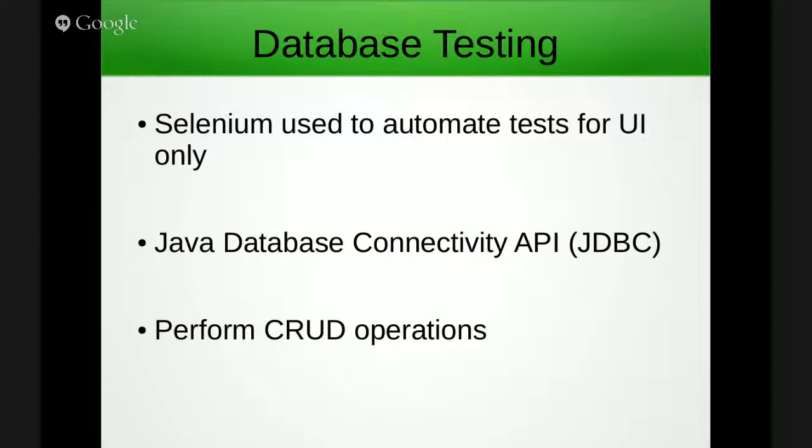So I had to use something else to test the database, and that was the Java Database Connectivity API. This is a great API to use when you want to connect and manipulate the objects in the database. So that's what I used to perform CRUD operations, to create, to read, to update, and to delete objects from the database.